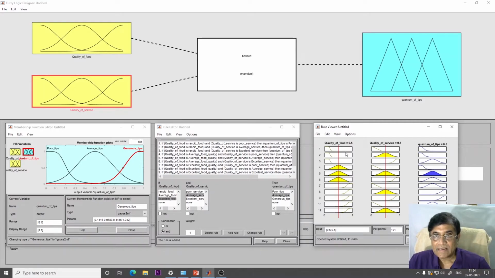Decision is yours. Now, once you get the basic design, then you will have to test your design. How? On past experience, past data. For example, what is the custom of a particular restaurant, or how much tips you should give. Is it a five-star restaurant or something like that?